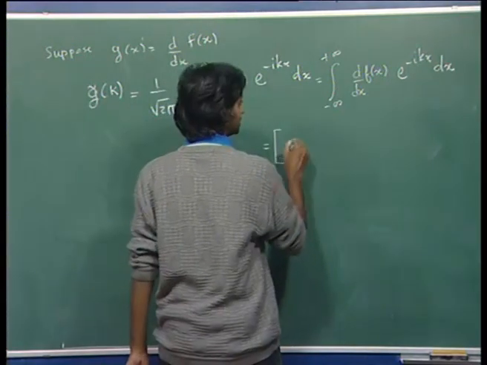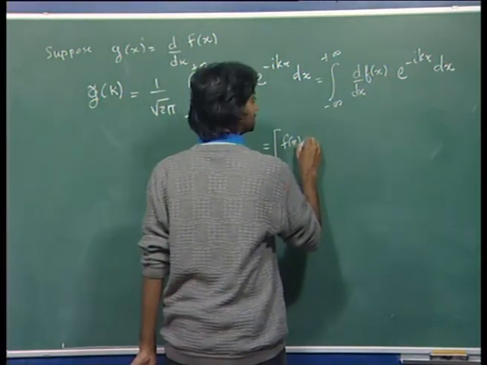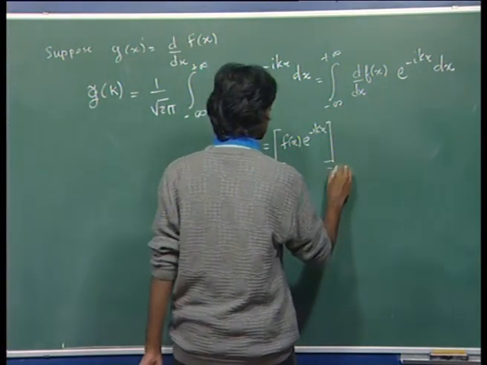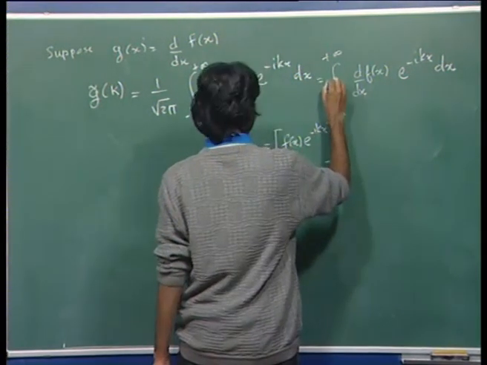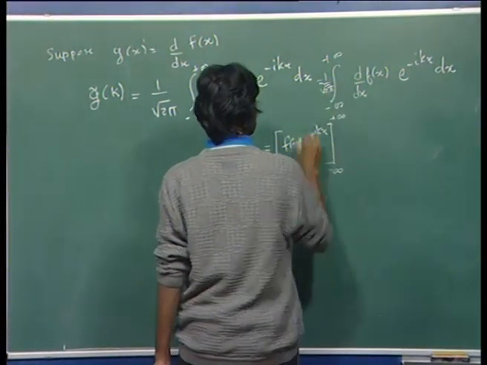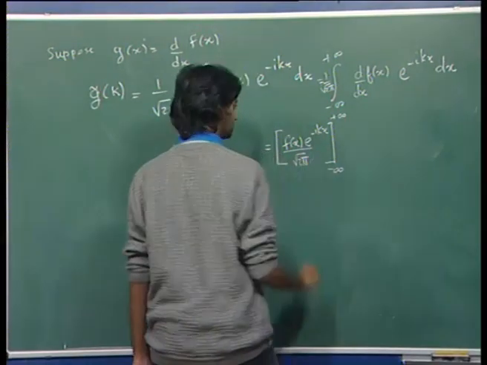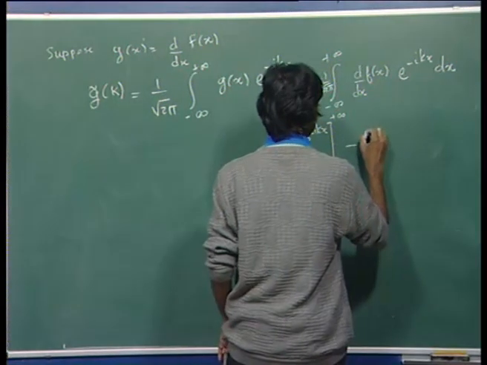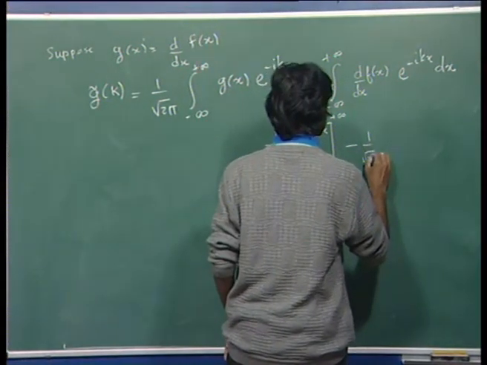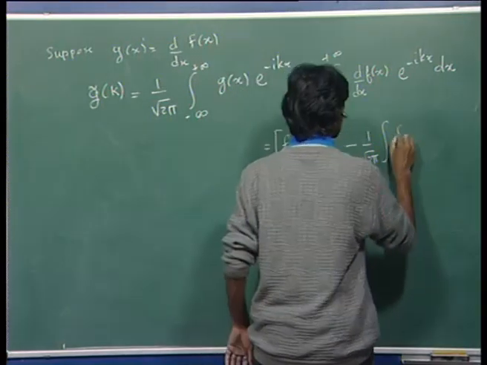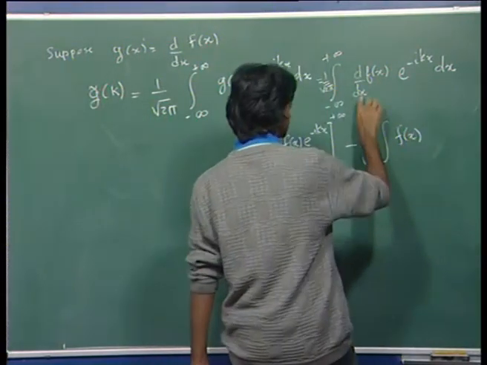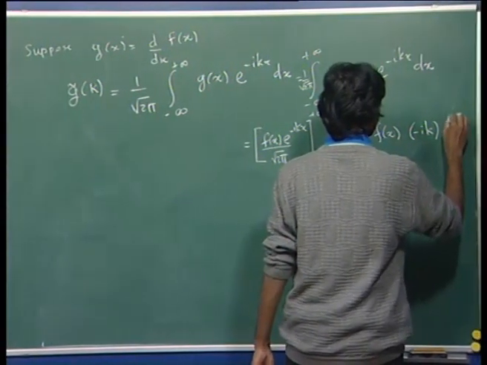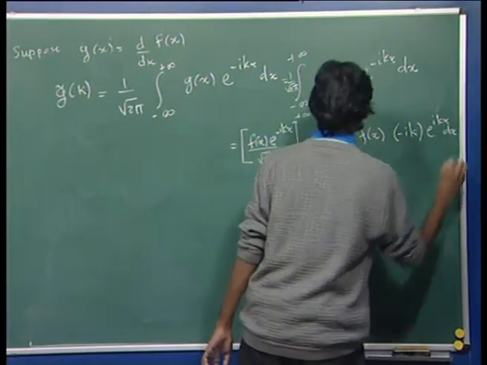One is f of x e to the minus i k x at the boundaries, with the factor 1 by root 2 pi, minus the integral of f of x times d by dx of this, which will give me minus i k e to the i k x dx.